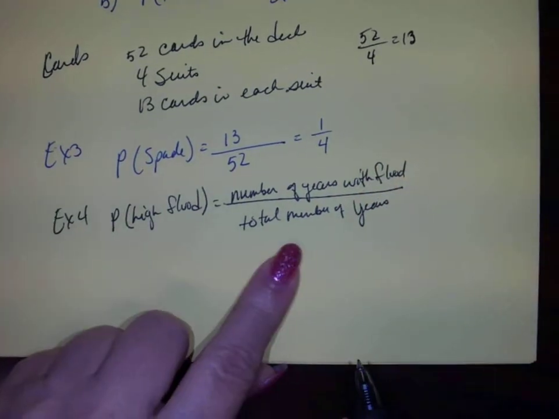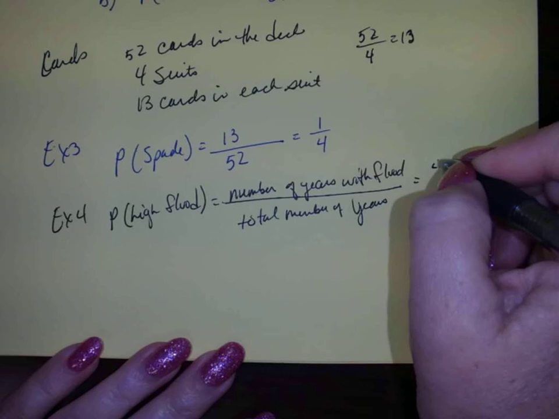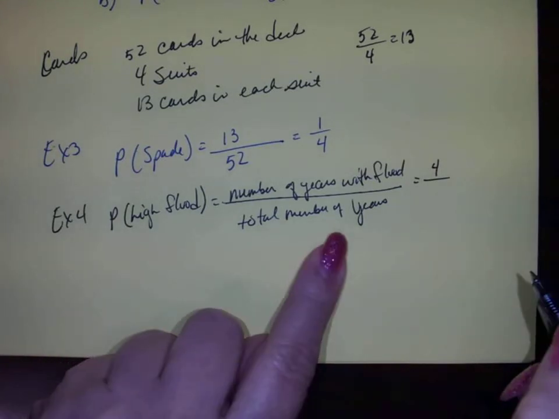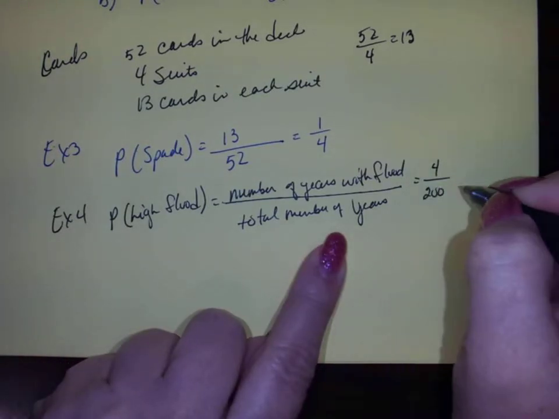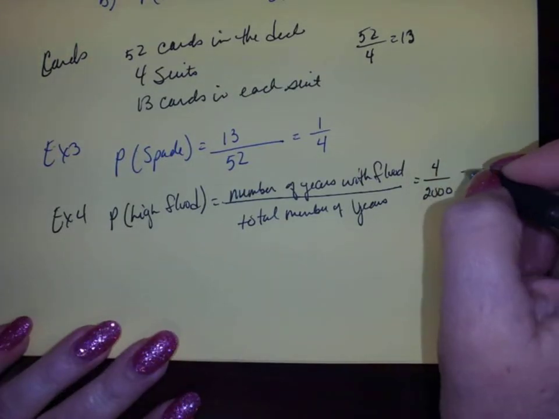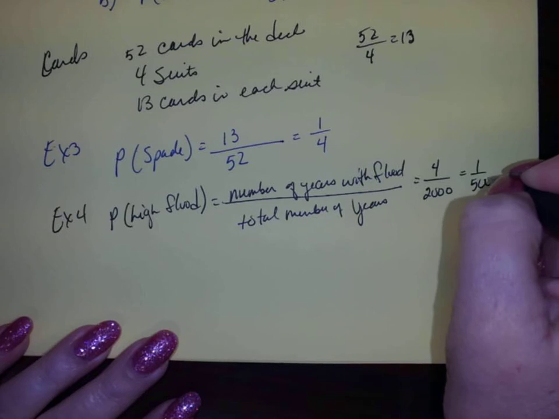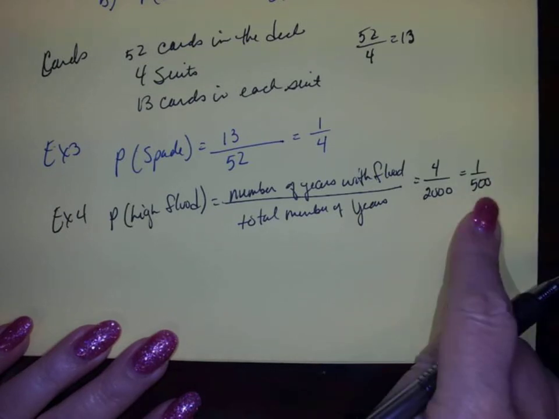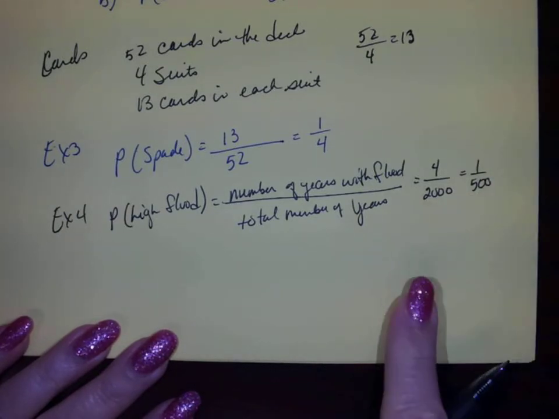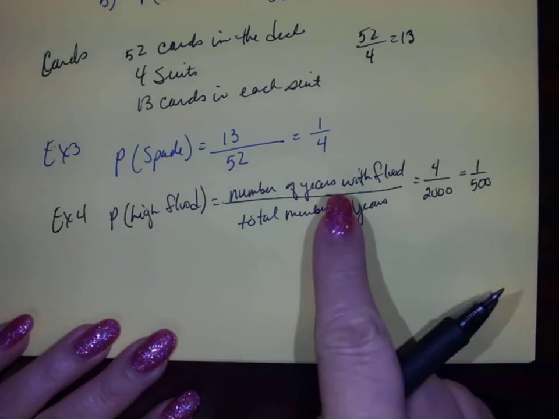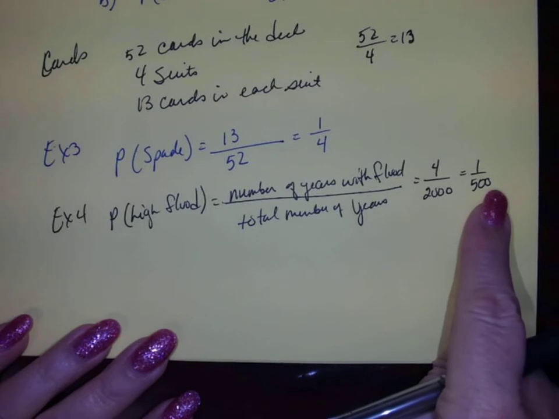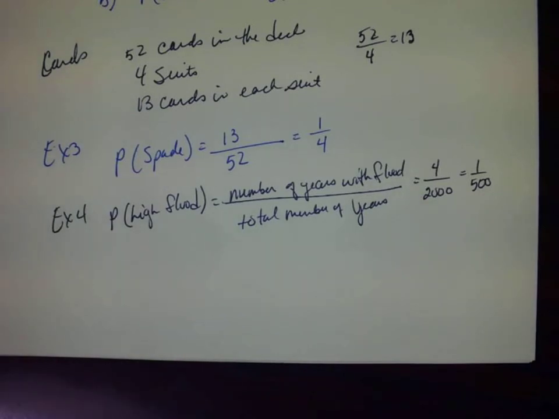So, what were the number of years we had a flood? Well, it was 4 out of the total number of years, out of 2,000, and that's going to reduce down to 1 out of 500. And that's why it's called a 500-year flood, because about once out of every 500 years, it's going to flood.